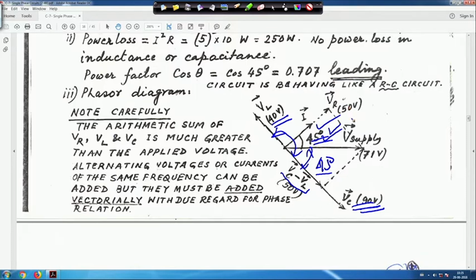You know that current is 5 angle 45 degree, and voltage is 70.7, that is 71 angle 0 degree.